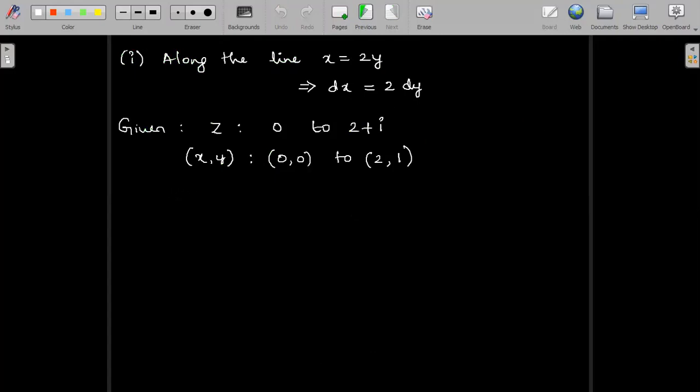Therefore, we will write down the limits for y looking into these two. When I observe this expression here, it is 0, 0 to 2, 1. So I can write down the limits for y as y varies from 0 to 1.